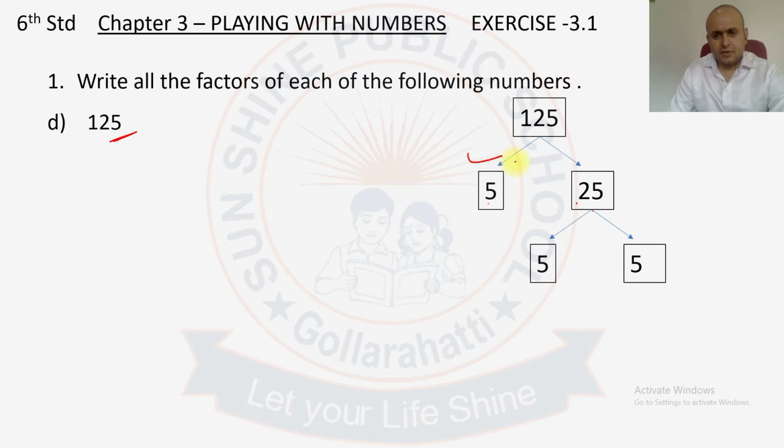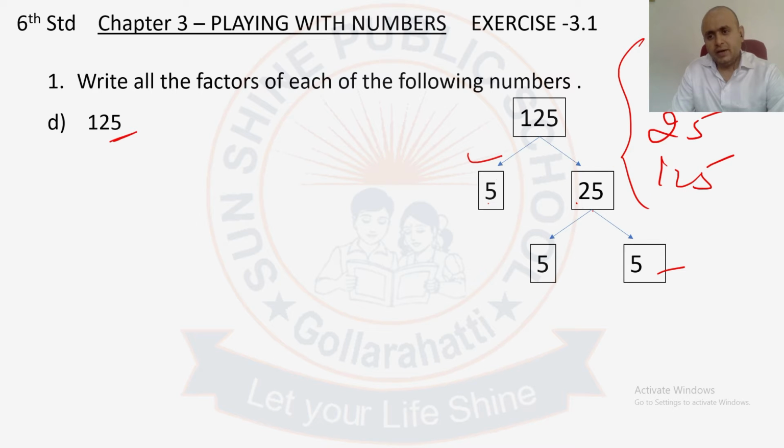See, 5 is a factor. That is 5 × 25 is 125. Next, 5 has come here also. That is, 5 is one factor. Next is 25, and 5 × 5 is 25. There are no other factors. We got only 1, 5, 25 and 125. Only these are the 4 factors.